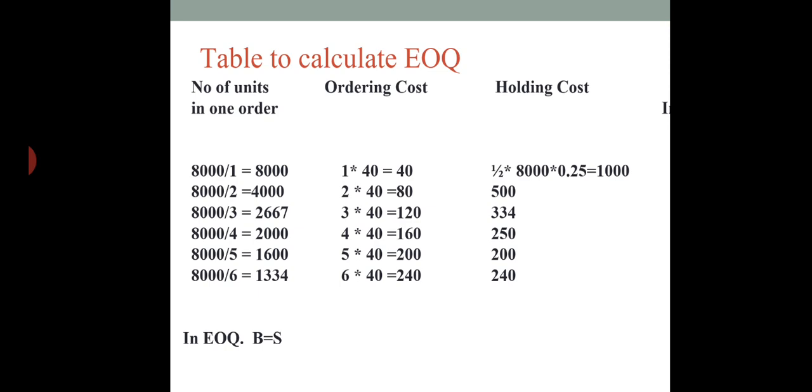And the next method is the tabular method. EOQ is calculated based on the tabular method. In that, there are the number of orders, the number of units in one order, the ordering cost, then the holding cost, and the next one is the inventory cost.